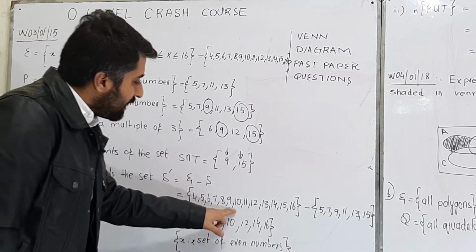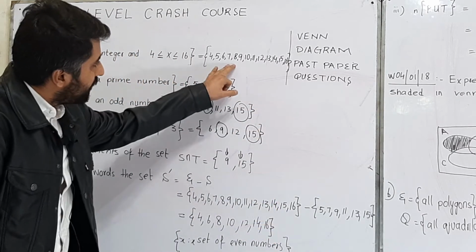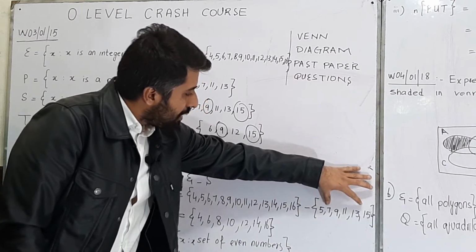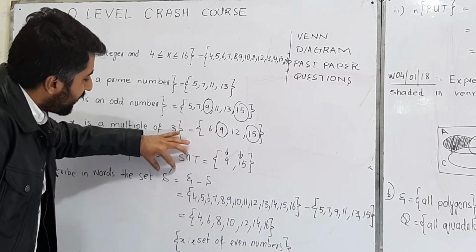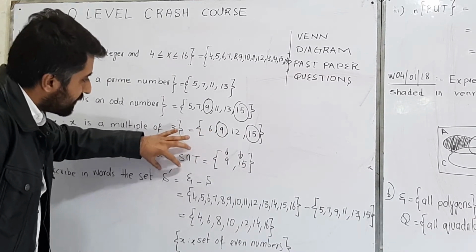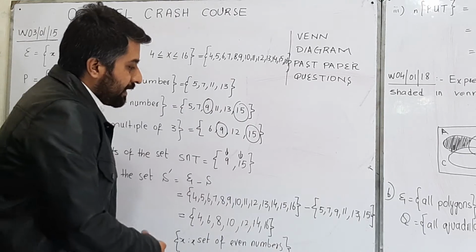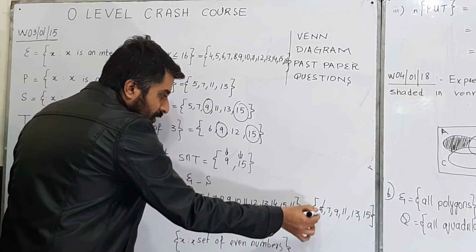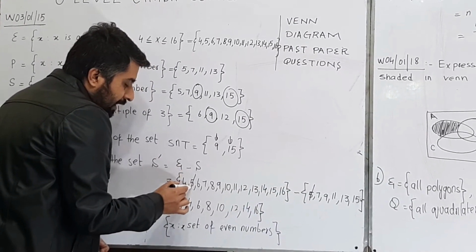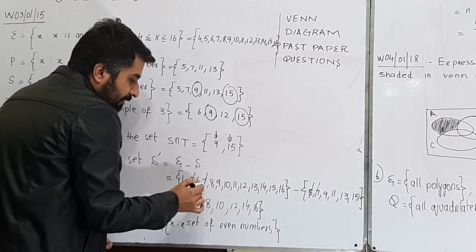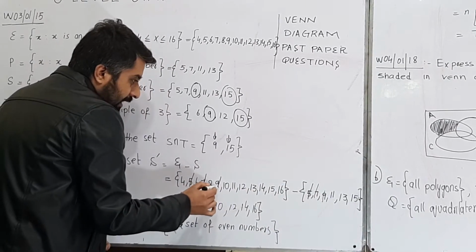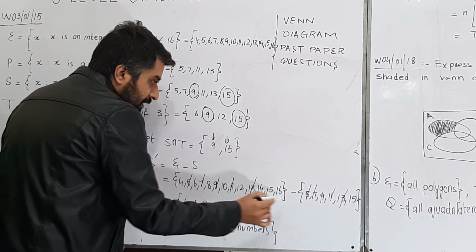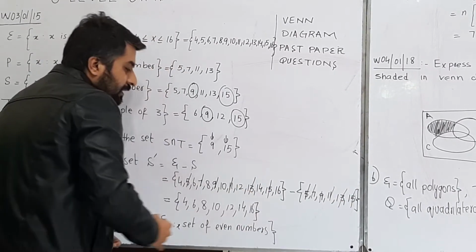Now these are the elements of universal set, minus elements of S. Subtracting the elements of S from universal set, you will cancel out the same elements: 5 and 5, 7 and 7, 9 and 9, 11 will be cancelled out. Those elements which are present in both the sets will be cancelled out.